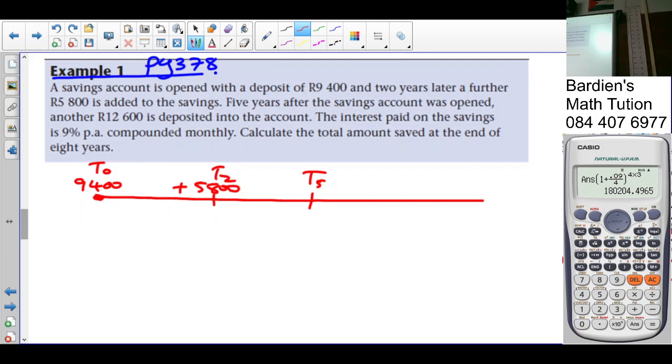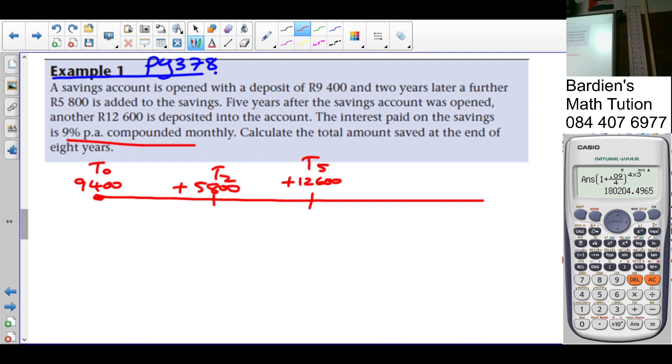Okay? Another 12,600 Rand is added. T5 is 12,600 into the account. The interest paid on the savings is 9% per annum compounded monthly. You see, it didn't say for how long, so it's for the whole time period.